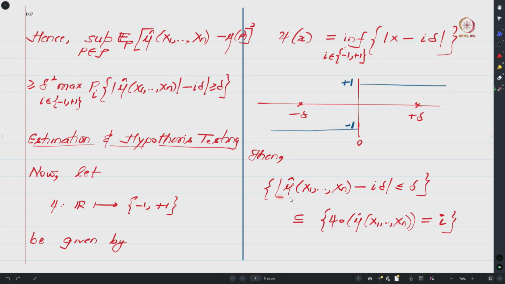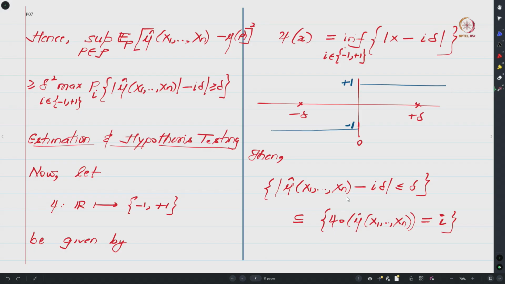Whenever this is less than delta, one can immediately see what happens if you apply psi on this value. This mu hat will take as input these samples and spit out a number, because it is trying to estimate the mean, and the mean right now is some number on the real line, specifically minus delta or plus delta.